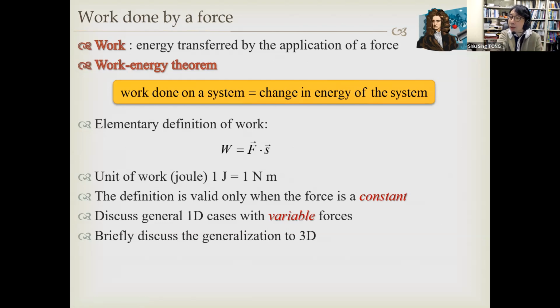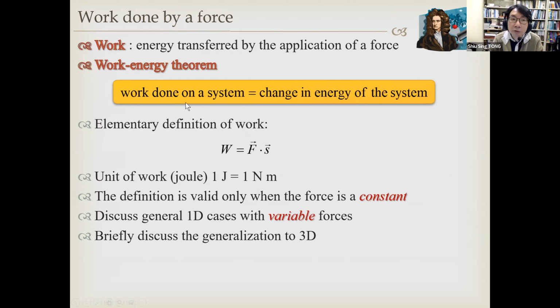You may take my $100 and put it in your pocket. So that becomes a form of energy that you possess. Or you may put it in your bank account. That is another form of energy that you may possess. But at the time when I transfer this energy to you, it is not a kind of energy you possess. It's just an energy transferring process. So that is a common analogy that helps us to understand the concept of work.